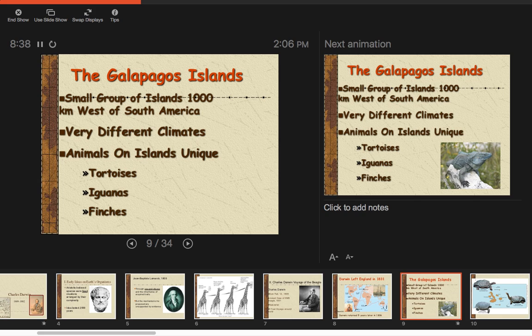So let's say that 20 finches landed on the insect island, and out of those 20, only 3 were able to eat insects. 3 of them had a mutation, a variation, a change in their beak that allowed them to eat insects really, really well. So the next generation, now there's 7 that can eat insects really well.